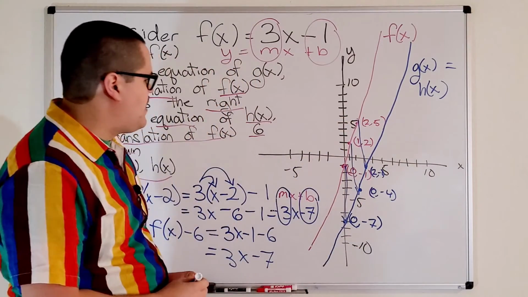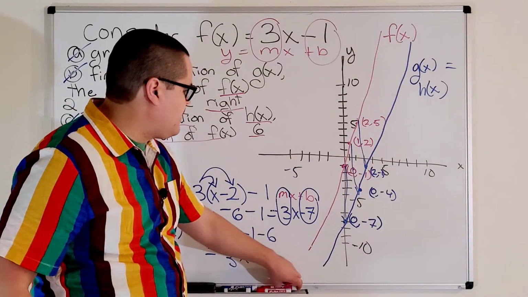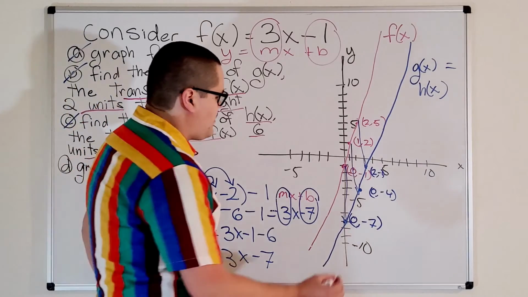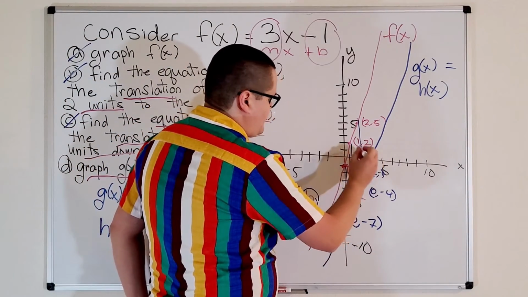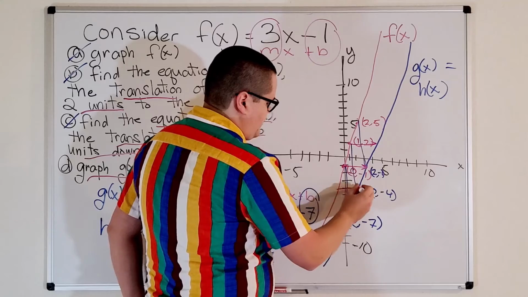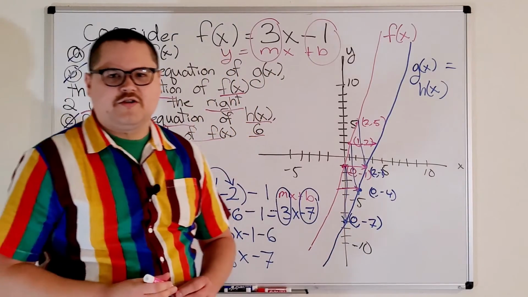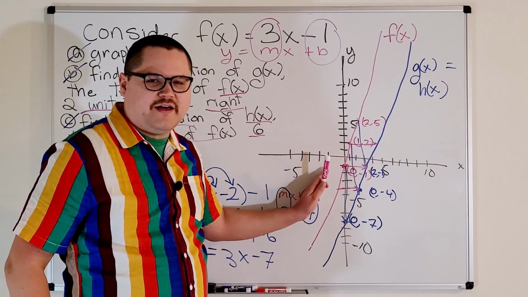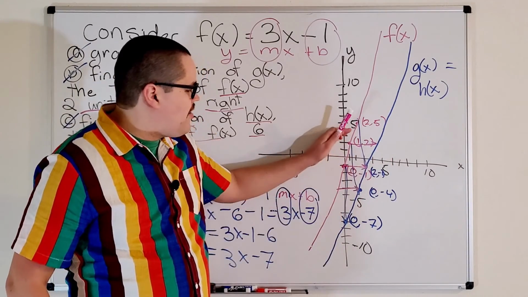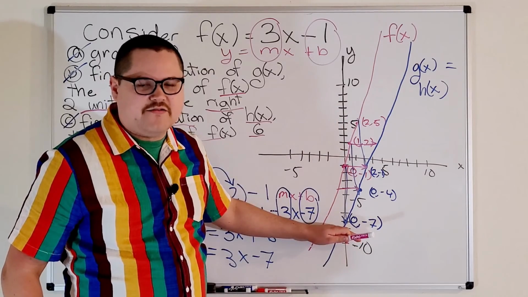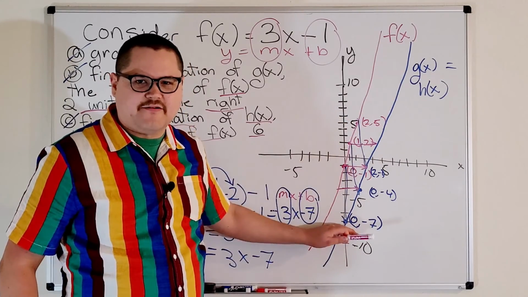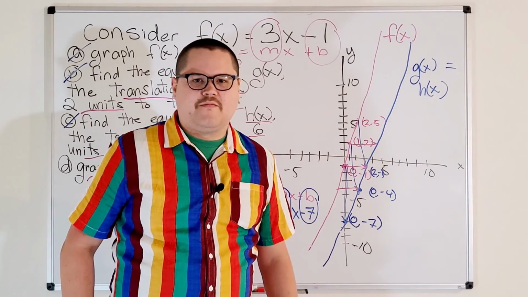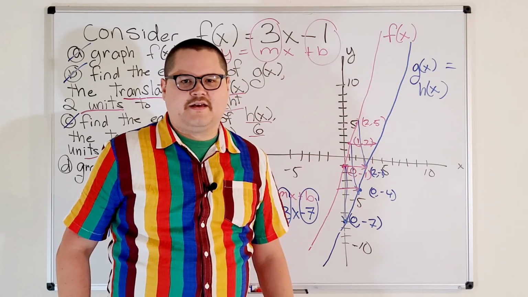At the same time, if I were to translate it 2 units to the right, I would also end up on the blue line. So this blue line is simultaneously the translate of the pink line 2 units to the right, or 6 units down. What a surprise. But then again, math is full of surprises, as is life.